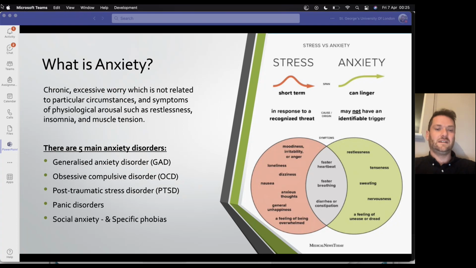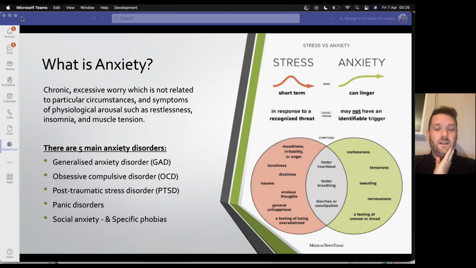So restlessness, muscle tension, sweating, nervousness, feeling uneasy, faster heartbeat, faster breathing. And as many people who have issues with digestion will tell you, having huge amounts of anxiety can also disrupt your bowels as well. Many friends have said that when they have huge amounts of anxiety, they really notice it in either diarrhea or constipation, which must be really horrible.